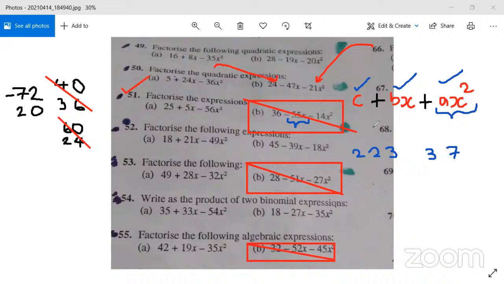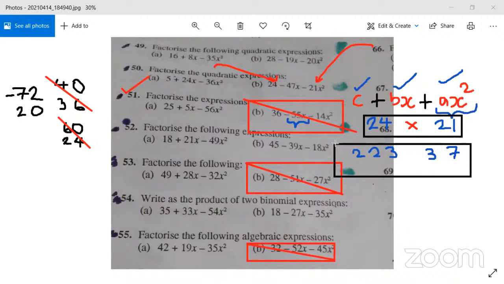See, this is why we need to be careful. We have 24 and we have 21. I'll explain exactly what I mean by being careful. So I have the 24 times 21, and I have what I believe is the prime factors for 24 and 21. But there is something incredibly wrong.